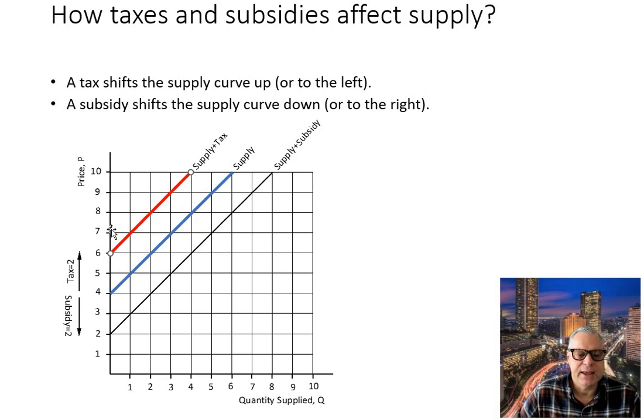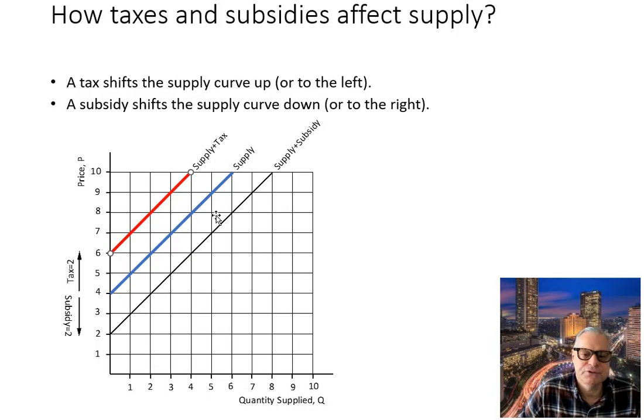And because again, let's say if the current price is 7 and the company sold 3, total revenue is 21, but now if they have to pay a tax on it, that means at this new total revenue, with the tax they can produce much less. Or they try to roll over the higher price to the consumers. So supply with the tax, you can either shift it up or to the left, same thing.